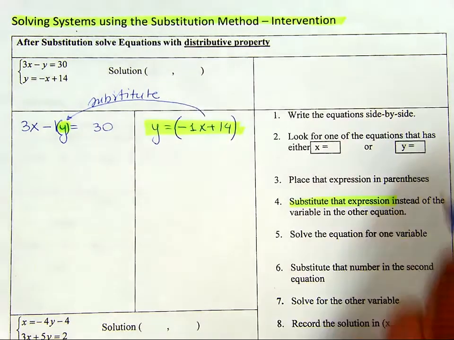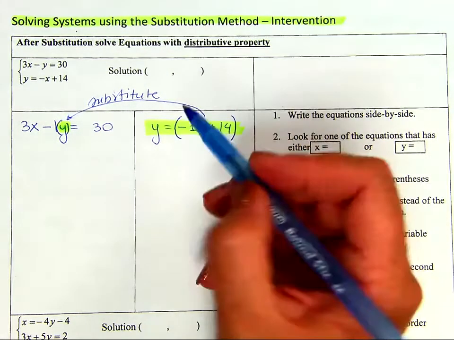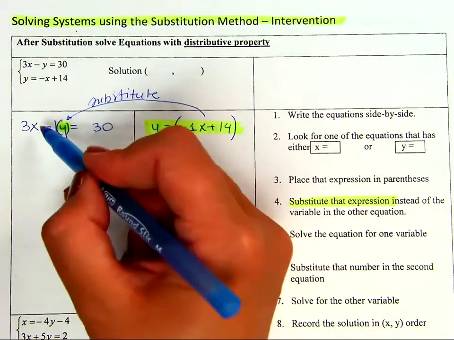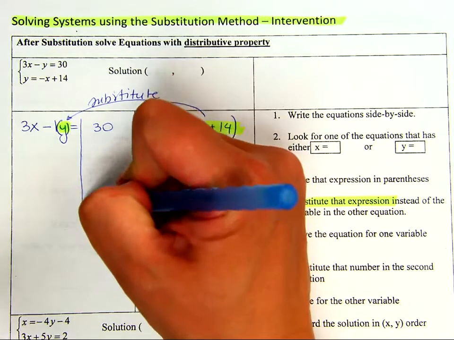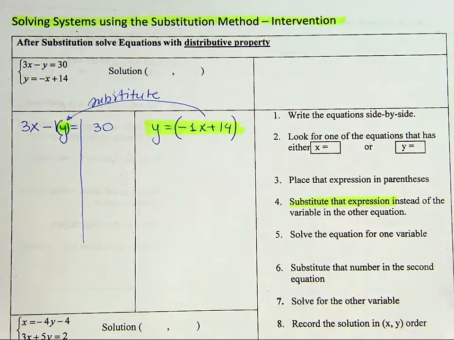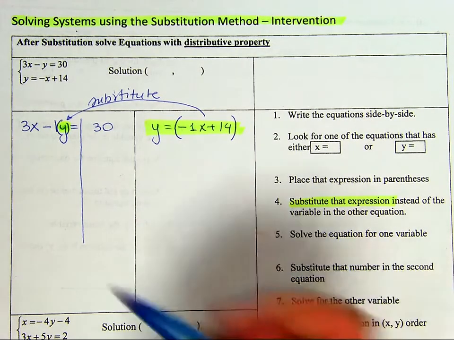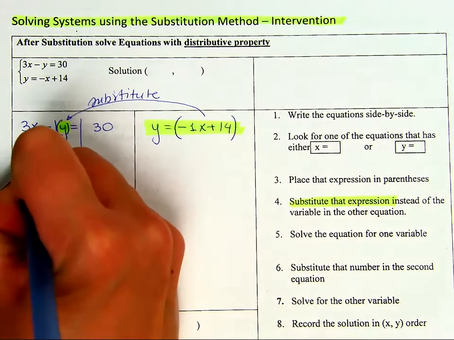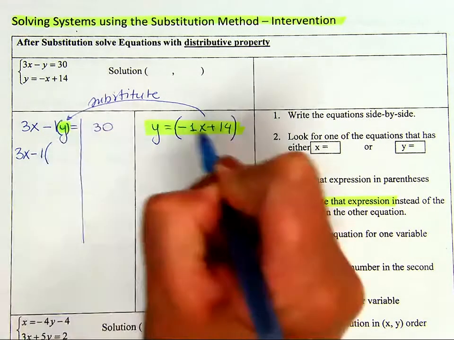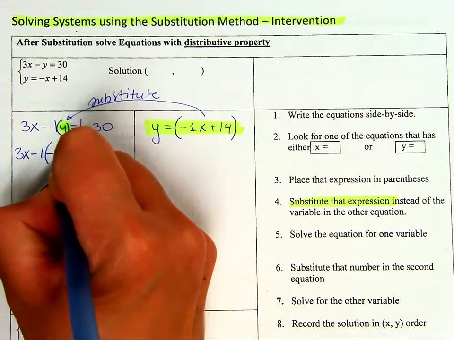Substitute means replace. So the given information goes instead of y in the other equation. We will substitute and then solve the equation for the variable.